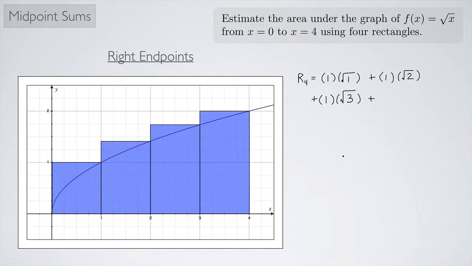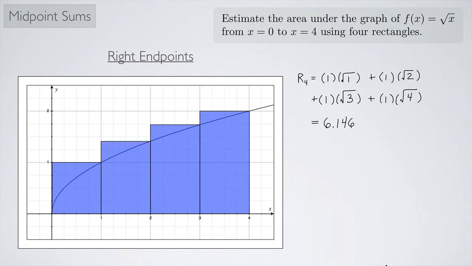And then my last rectangle looks like this. That's going to have a base of 1 and a height determined by the value of the function at 4, and that's going to be the square root of 4. And so if you type all this in on a calculator, you get 6.146.